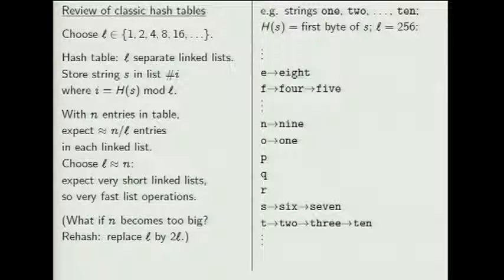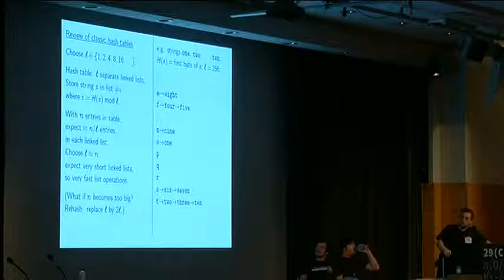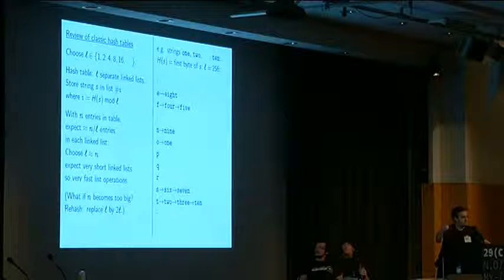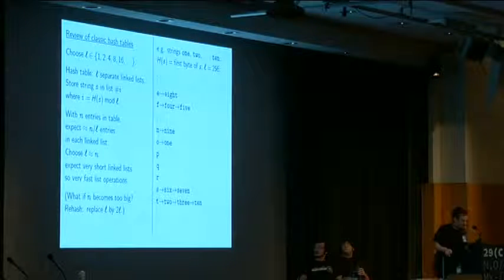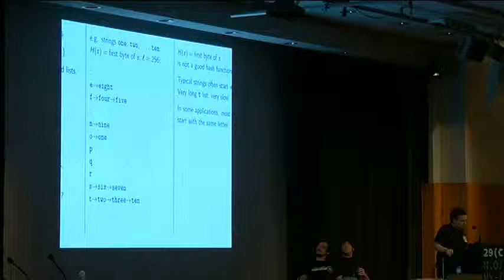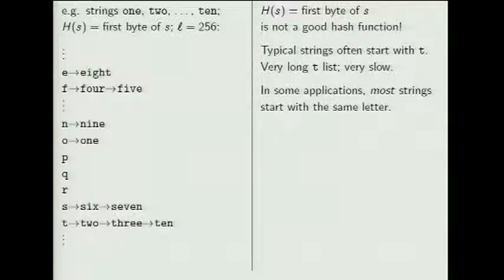So there's quite a pileup of strings on the T. There are 3 different strings, 2, 3, 10. These strings all hash to T because the hash is just the first byte of the string. So there's not a good distribution of these strings across the hash table. This is not a good hash function, just taking the first byte of a string.